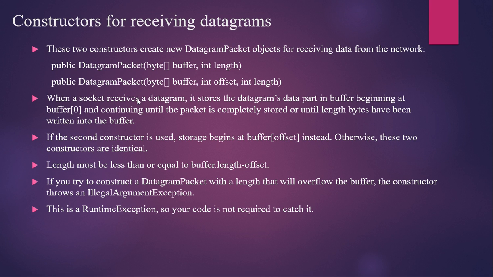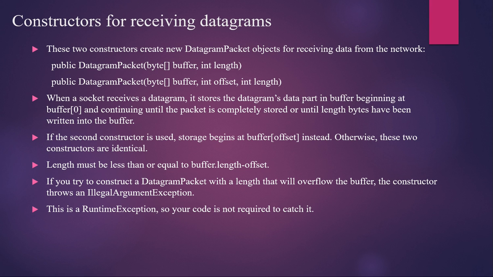When 2 devices are connected over a network, they communicate through the use of a socket, so there is a socket at the receiver end. When a socket is receiving a datagram, it stores the datagram's data part in the buffer beginning at buffer 0, the initial offset, and continuing until the packet is completely stored or until length bytes have been written into the buffer.